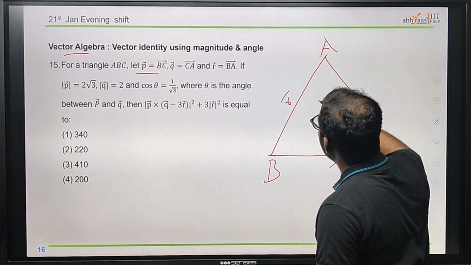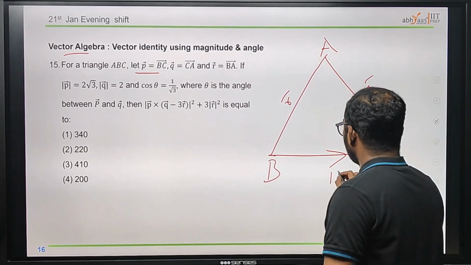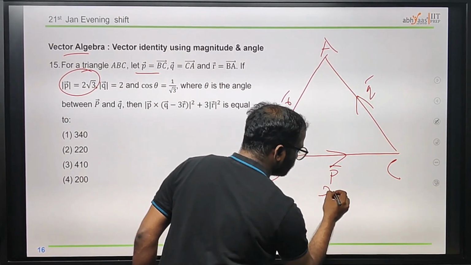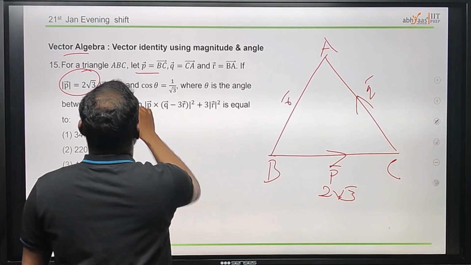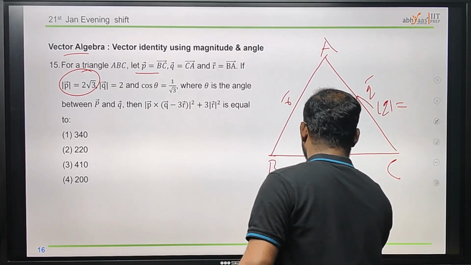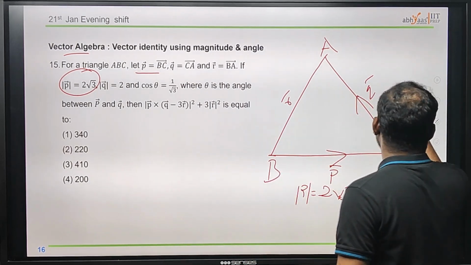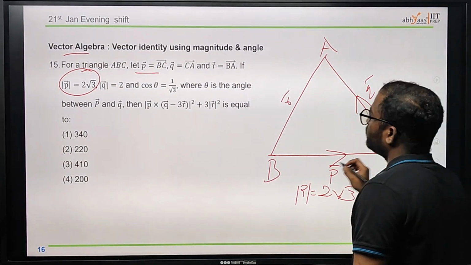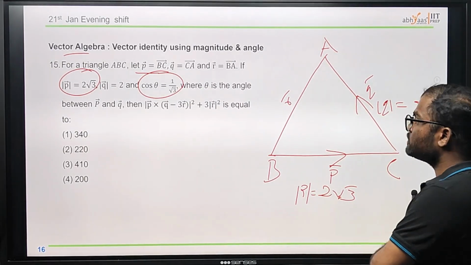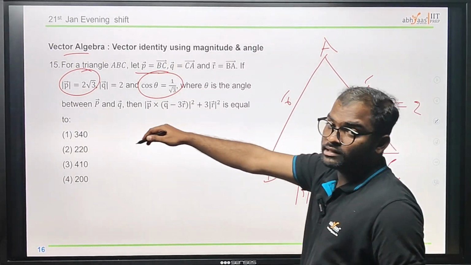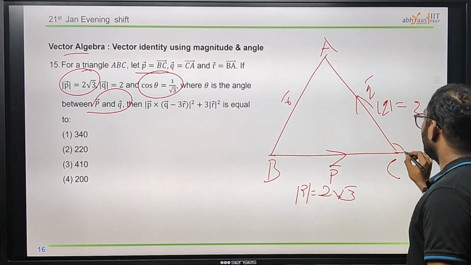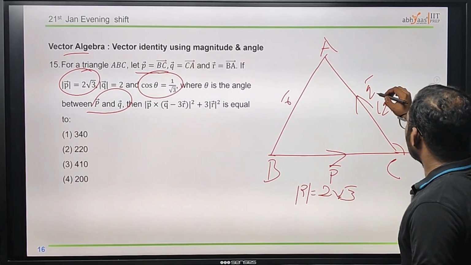They gave the magnitude of P as 2√3 and the magnitude of Q as 2, and given cos theta, we need to find theta. But where is the theta here? Theta is the angle between P and Q, as they said already. If we just extend this one, theta is the angle between P and Q.